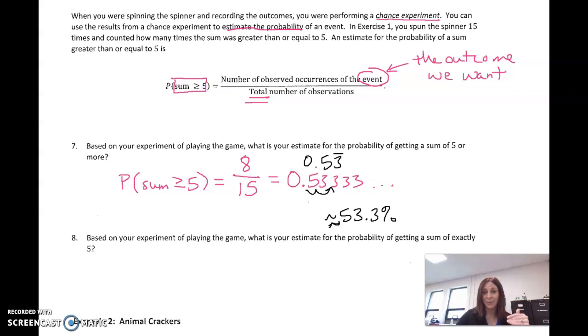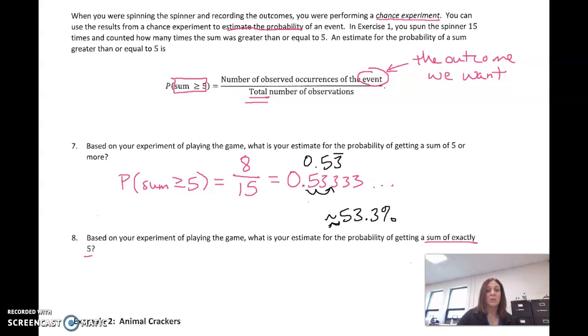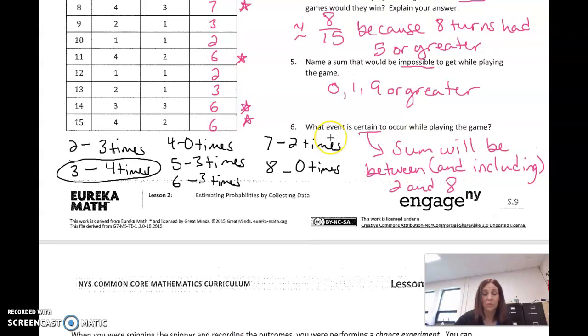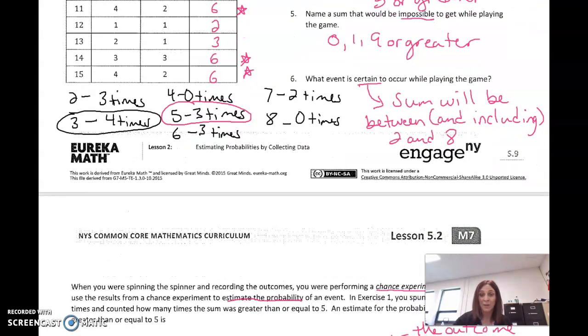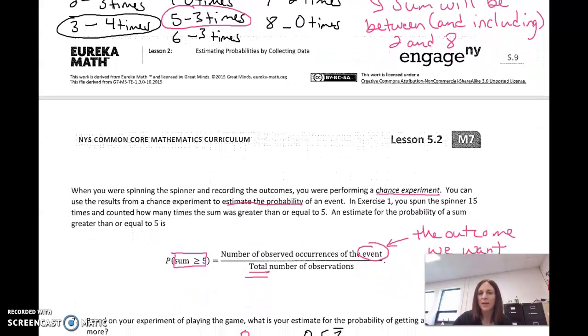Occurrence of the event happening out of total. Based on your experience playing the game, what is your estimate for the probability of getting exactly 5, a sum of exactly 5? So our probability of our sum being equal to 5, how many times did that occur? Exactly 5 in our observations of spinning the spinner, or what I pretended to do, we had 3 times.